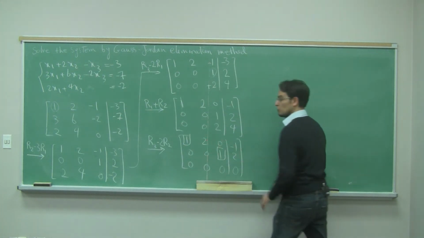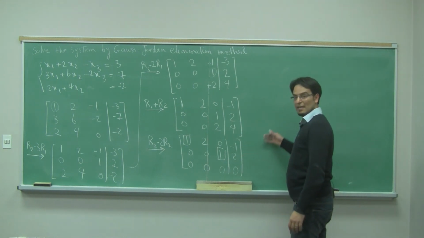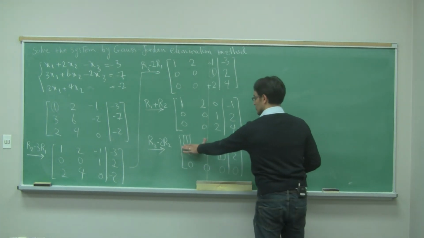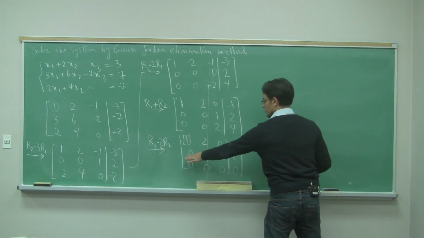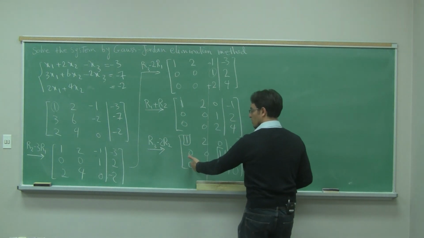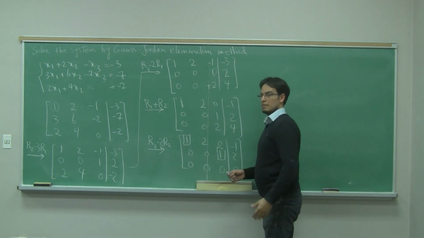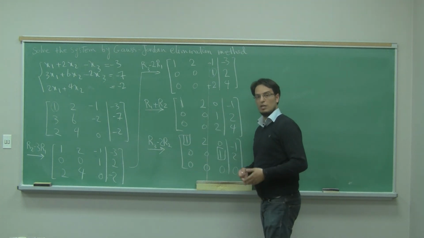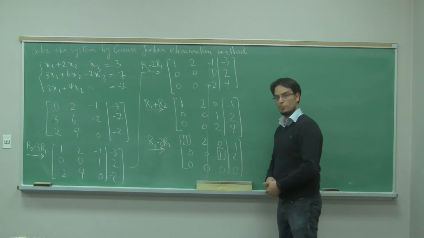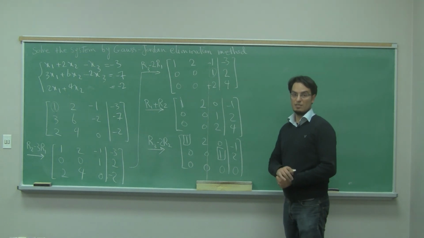So when I find the row-reduced echelon form, I write it back in equation form, meaning I write an equation for each row which is non-zero. And we know that column 1 is the coefficients for x1, column 2 for x2, column 3 for x3, and after the line are the constants on the right-hand side.